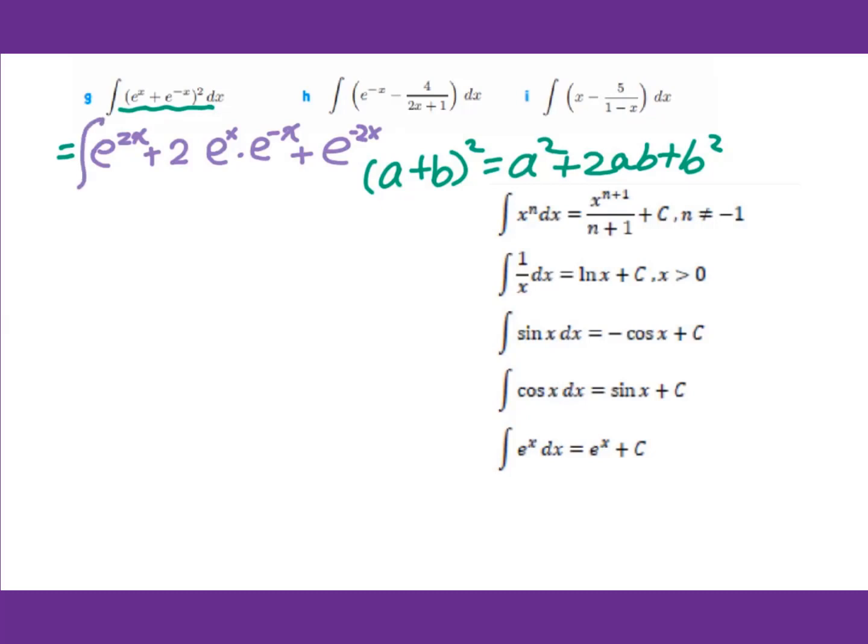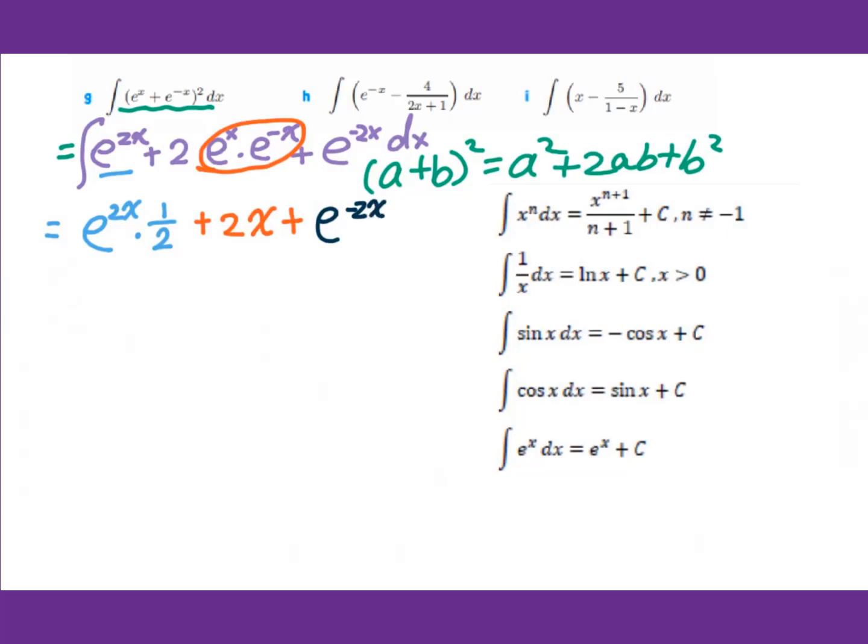Do the integral. For e to the 2x, that is e to the 2x times 1/a, which is 1/2. This will be 1. Therefore, you will add 2x. Then plus e to the negative 2x, then multiply by 1/a, which is 1/2.